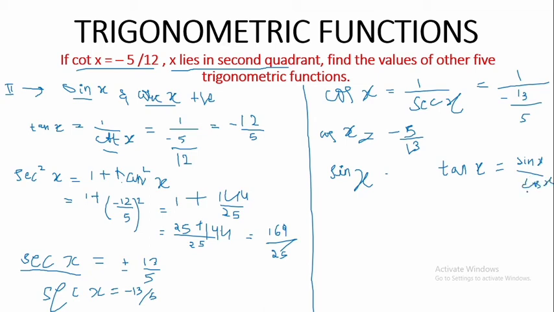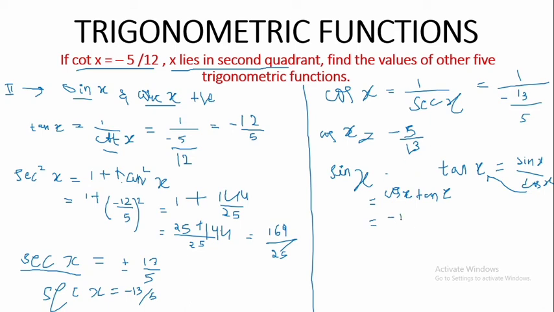If we take this cos x to the left hand side, sin x will be equal to cos x into tan x. We know the value of both tan x and cos x, so we'll substitute those two values. So cos x is equal to minus 5 by 13.